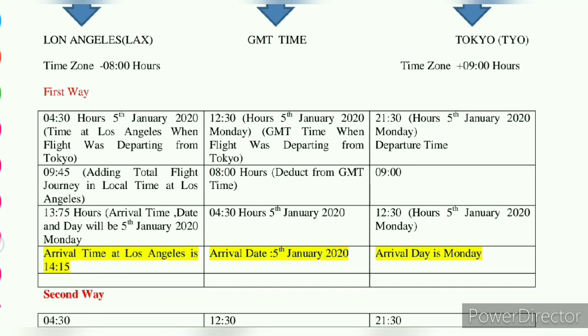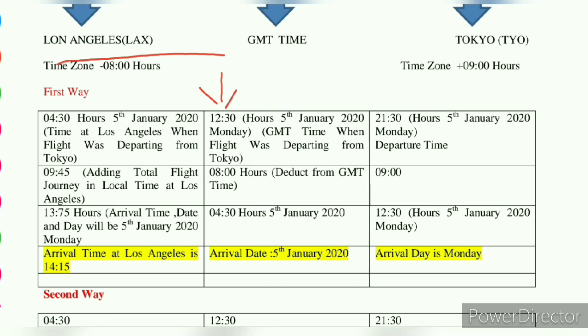Once we have calculated GMT time, that is 12 hours 30 minutes, 5th January 2020 Monday, on that basis we can calculate the local time of Los Angeles because we know the time zone of Los Angeles, that is minus 8 hours.